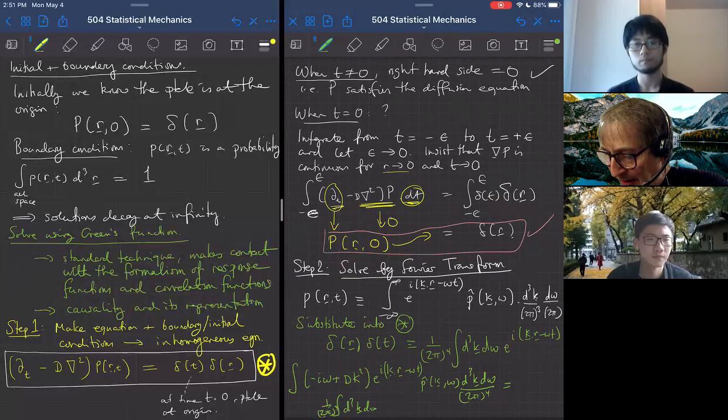And then the Fourier transform of the delta function is just 1.